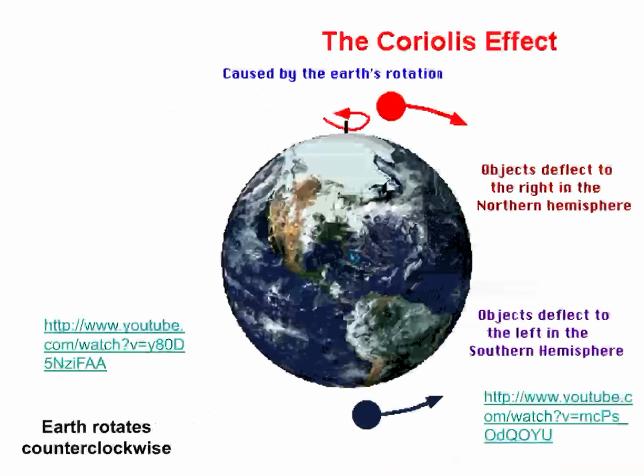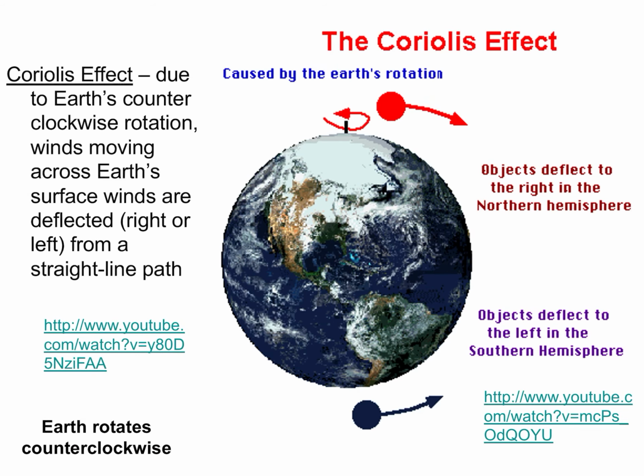Okay, so the Coriolis effect. We have discussed this a little bit during astronomy, but now we're coming back to it. Let's first define it. Basically, the Coriolis effect is when winds are deflecting, they're bending a certain direction because of the Earth's rotation.